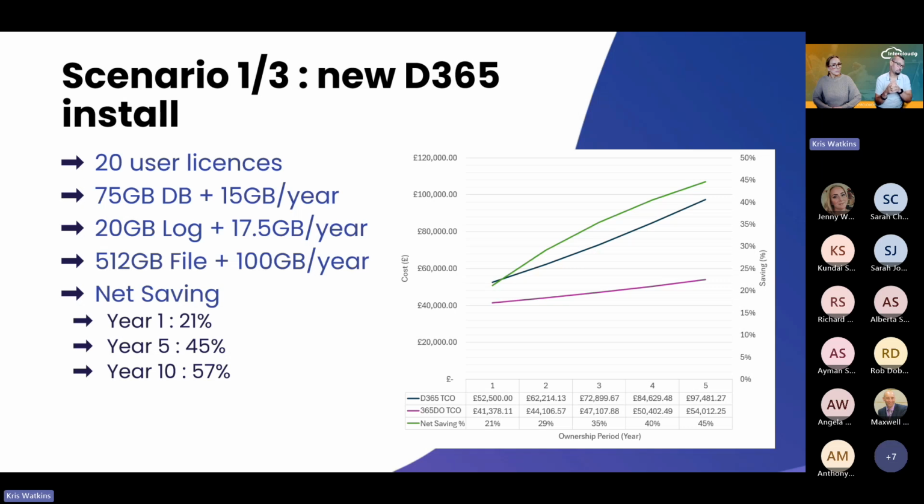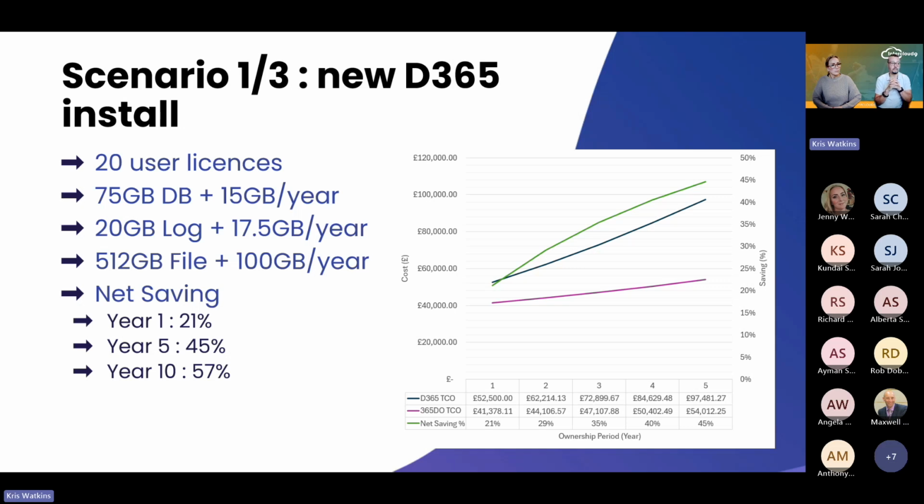So essentially the percentage difference between having the data optimizer or not, and just storing all the data in Dynamics. So for this example, we can see we're starting off at year 1, or assuming the starting point, the cost would be 21% less. In year 5, that grows to 45% less, and in year 10, that would grow to 57%.